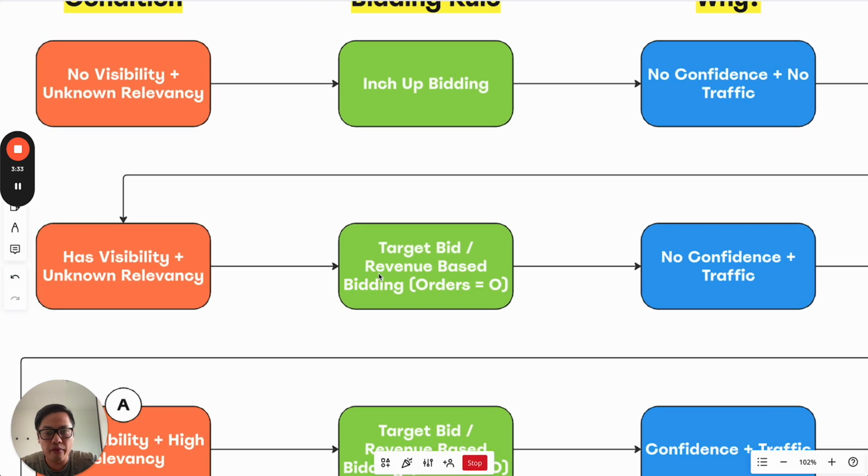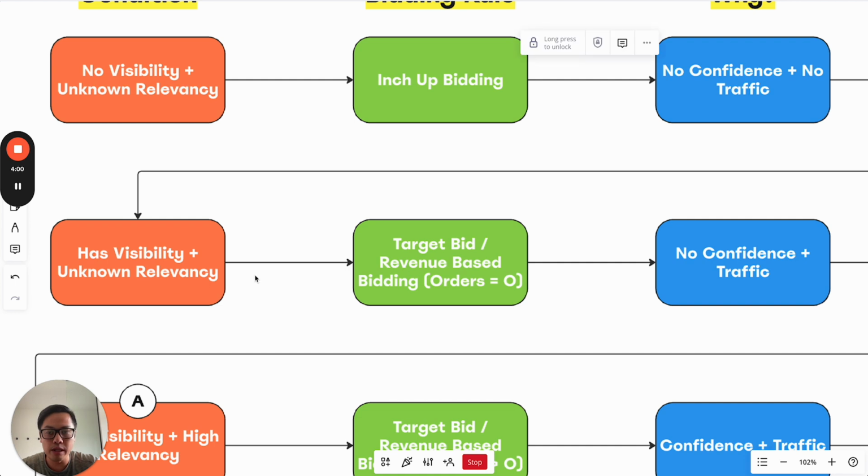When you perform that where you don't have any orders, that obviously doesn't make any sense because you have no revenue. However, in this case, we're using price as if we had one order. So we can do that calculation, and when we do, we're left with a bid that will be the highest amount we're willing to pay in order to get that desired ACOS that you're trying to get.